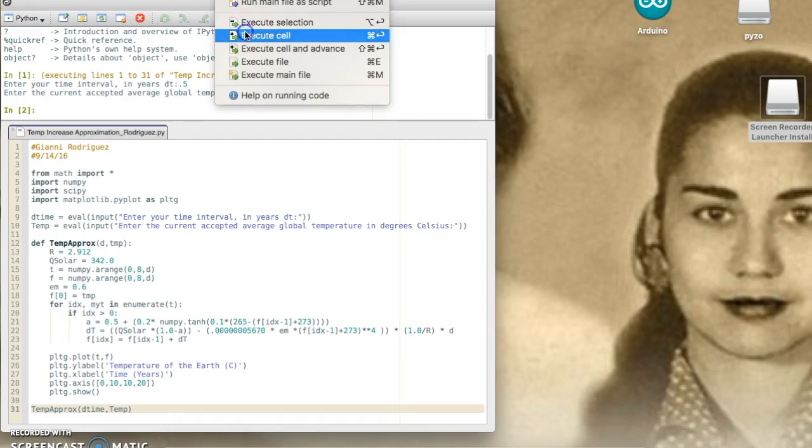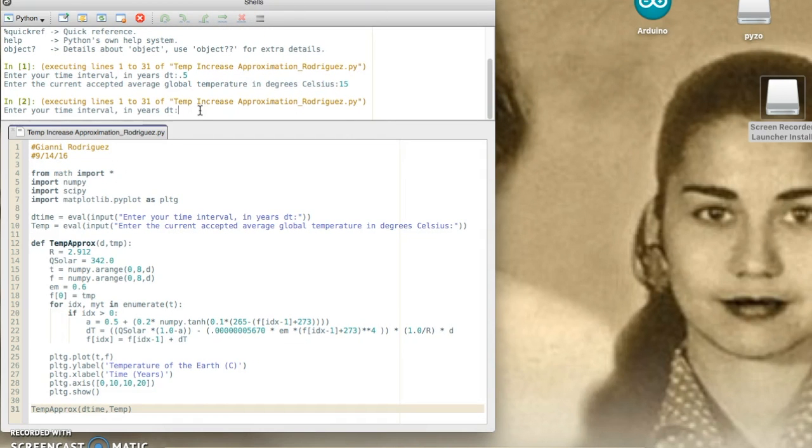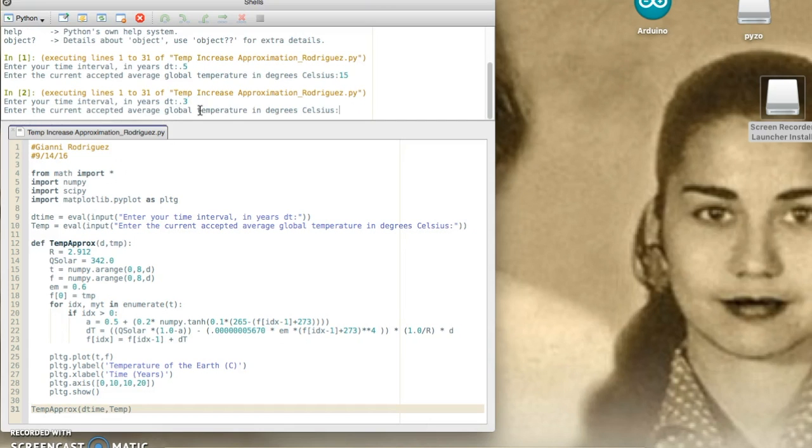So I'll execute my cell, and I will input our change in time interval, which will give us our precision. And so for here, I'll input 0.3, which is not very precise. And I can input now a current accepted average global temperature in degrees Kelvin. And I said before that the equation takes temperature in Kelvin.